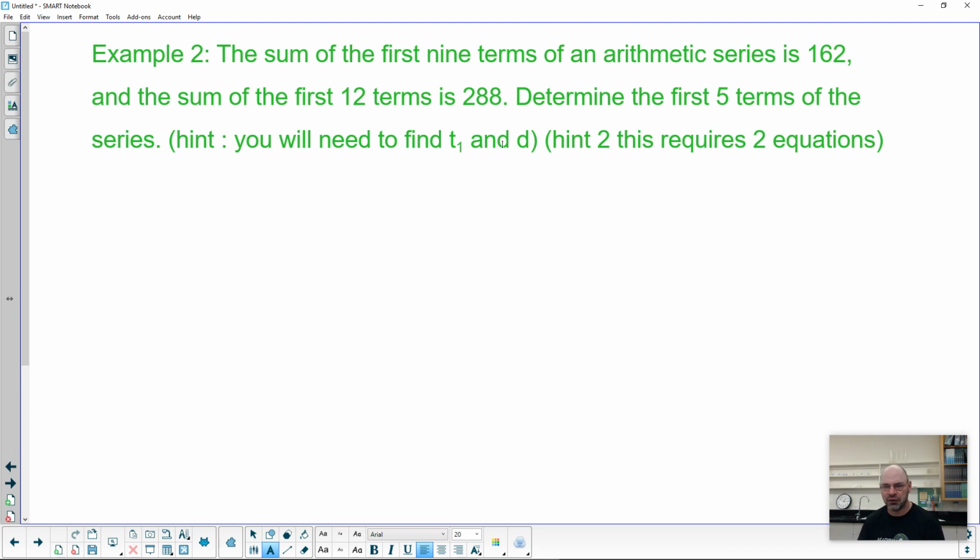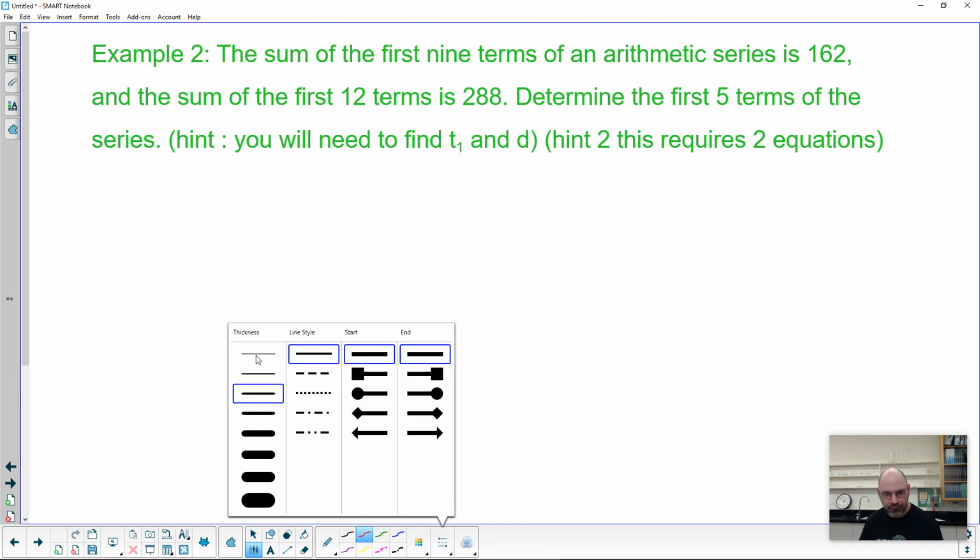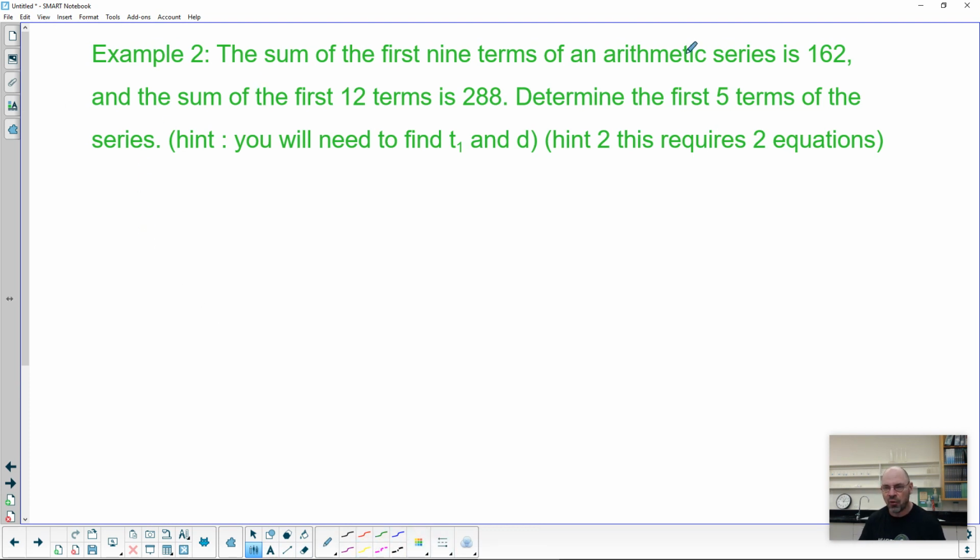So the first thing we're going to do is we're going to write out what we know first. So get my marker out here using a different color again. Okay, so I know that S9 is equal to 162.